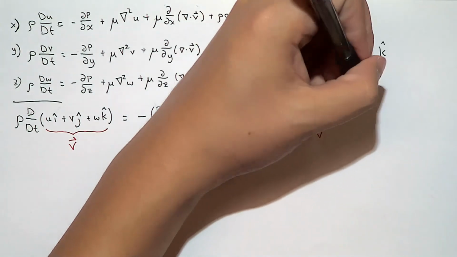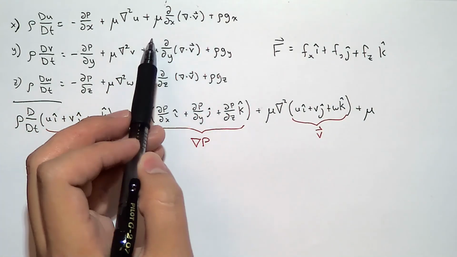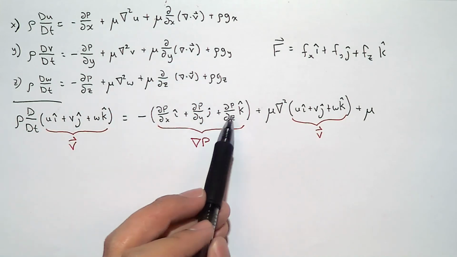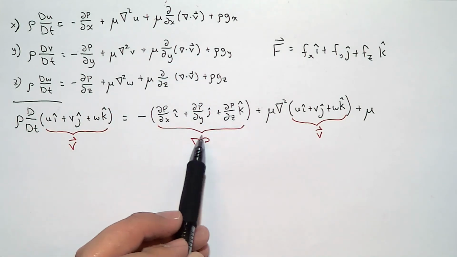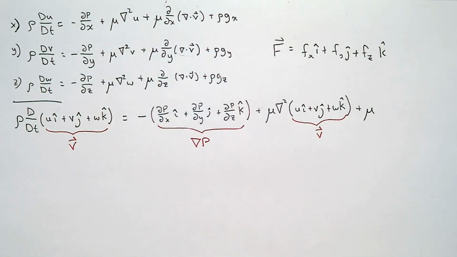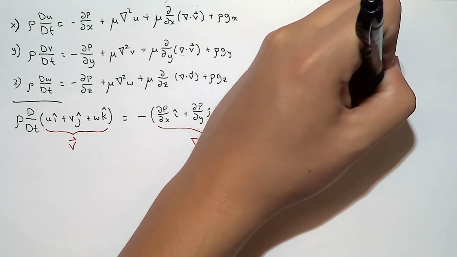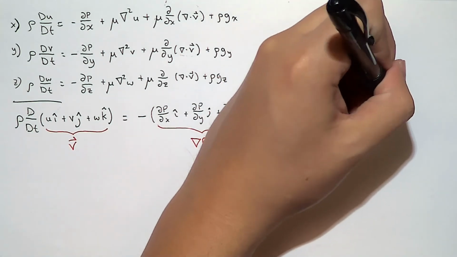We have our viscosity term in common. And then we have ∂x of something i plus ∂y of something j plus ∂z of something k. That is just the gradient. And what is that something? The divergence of the velocity field. So this is actually just the gradient of the divergence of the velocity field.